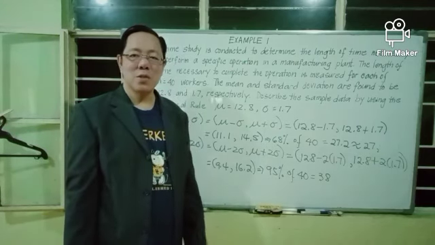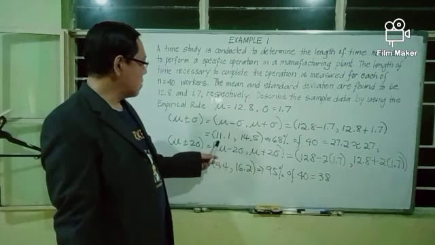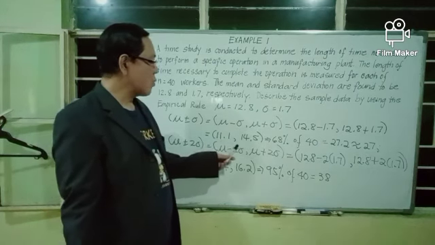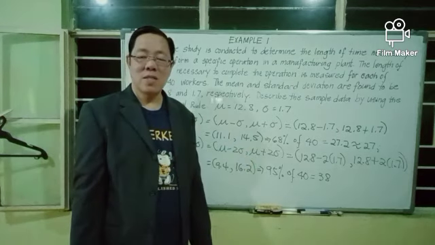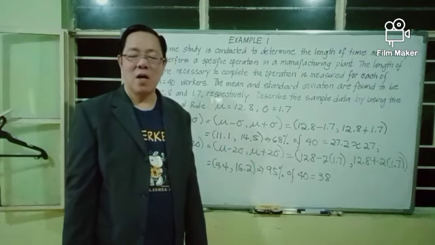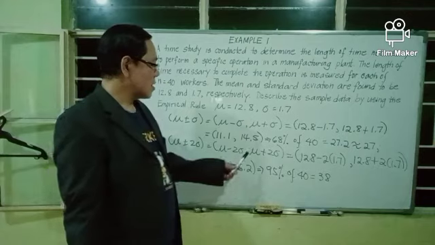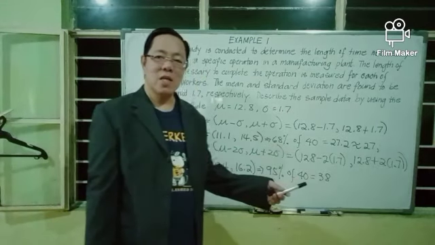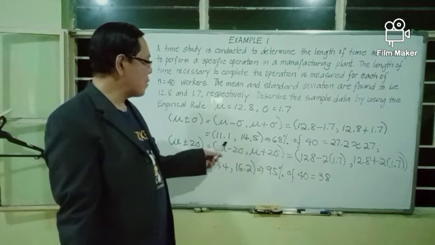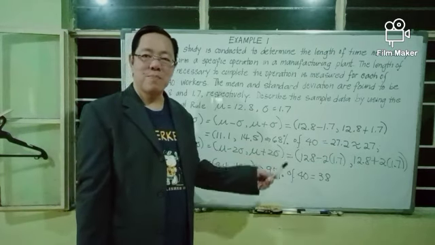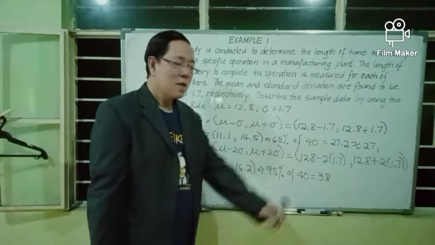In Chebyshev's theorem, this interval 11.1 to 14.5 would contain 3/4 or 75% of the measurements. That is, 75% of 40 have completion times that lie between 11.1 and 14.5 units of time.